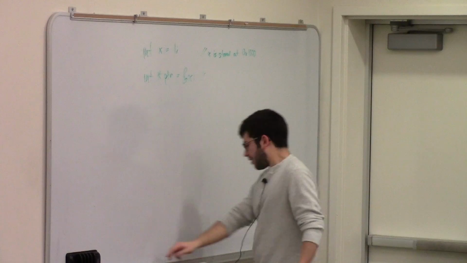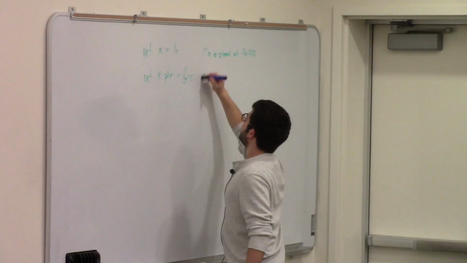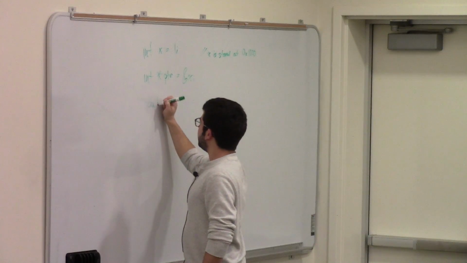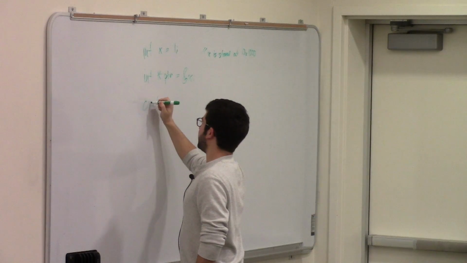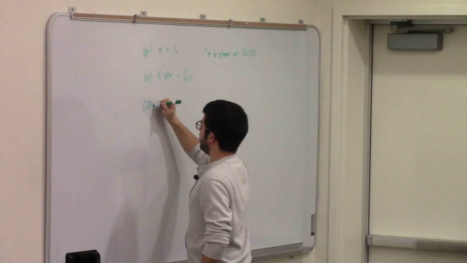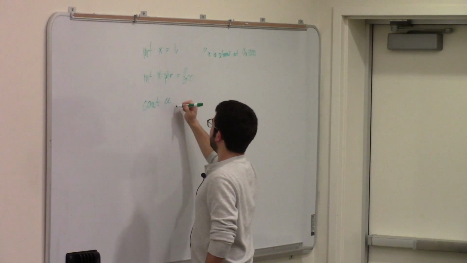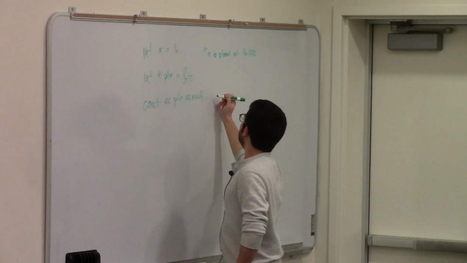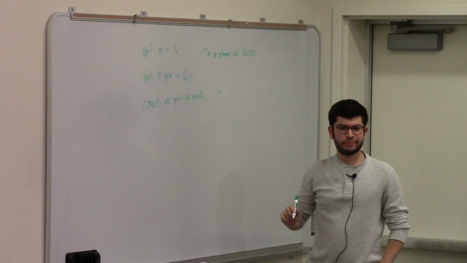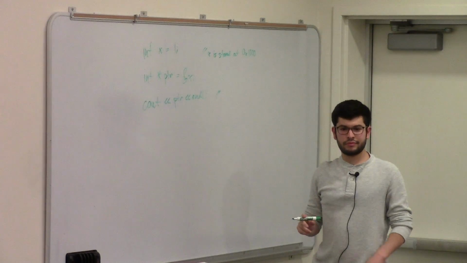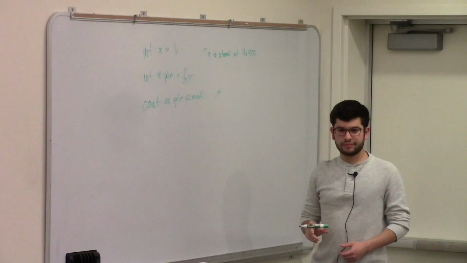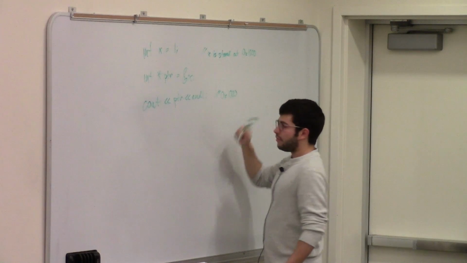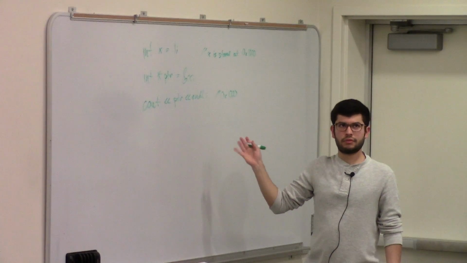Actually, a better way of framing this: cout ptr. What does this print? 0x1000. Awesome. So ptr itself is 0x1000, with some number of zeros.